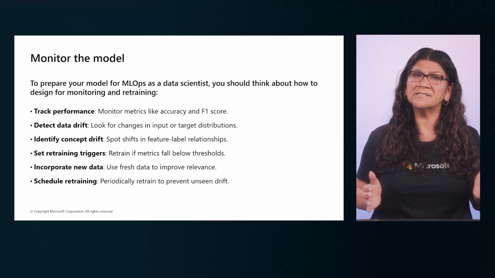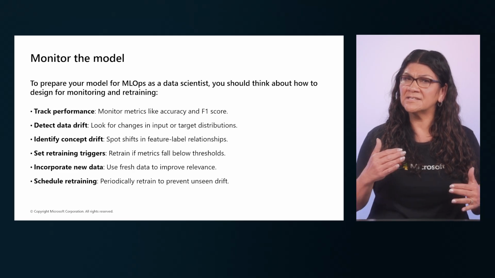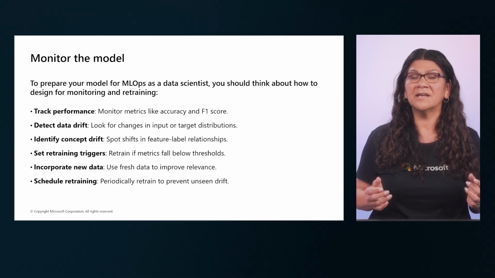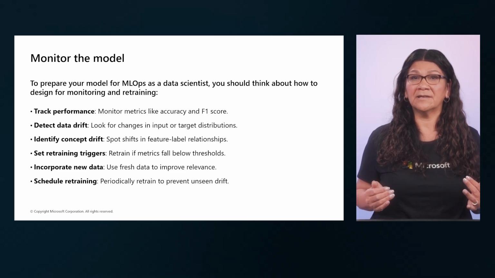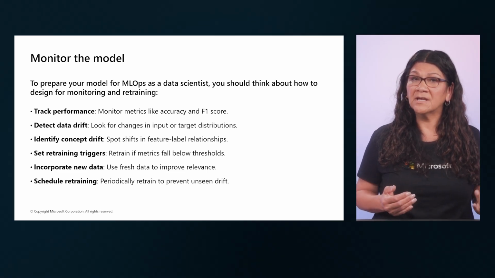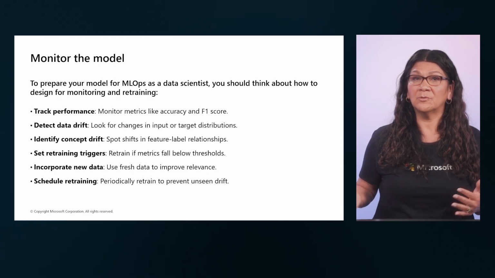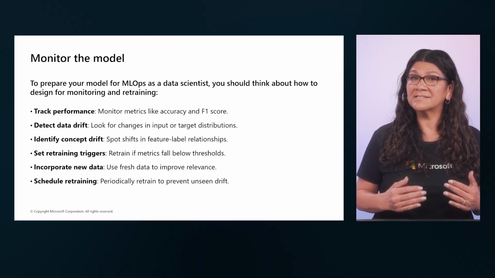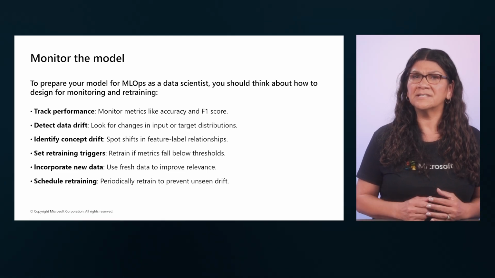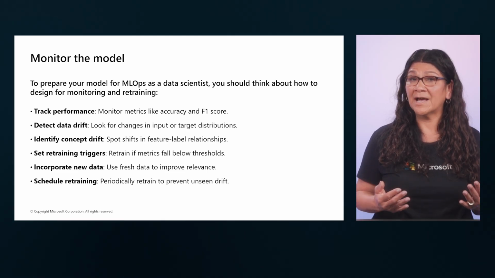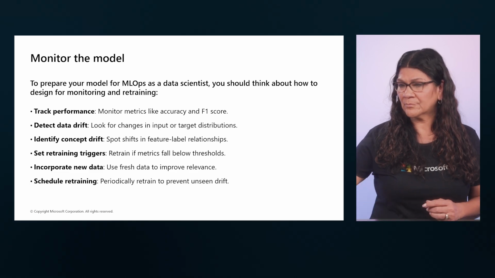It's a good practice to treat monitoring as a continuous lifecycle activity, not a one-time check. Track metrics regularly, watch for drift, incorporate new data when available, and use scheduled retraining, for example, quarterly or monthly, to keep production models reliable and relevant.